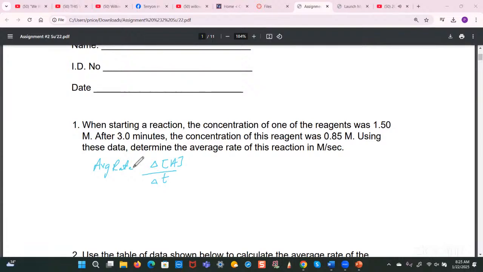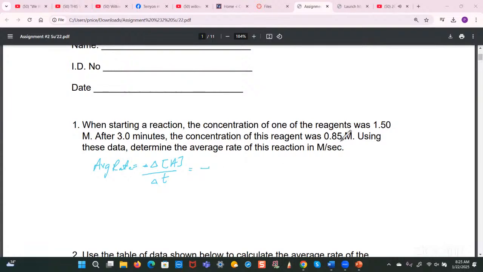This is equal to minus the change in concentration of A, right? So what's the change in concentration of A? If you recall, I tell my students from Chem 1, whenever you see change in anything, in any chemistry question, it's always final minus the initial. Final value minus the initial value.